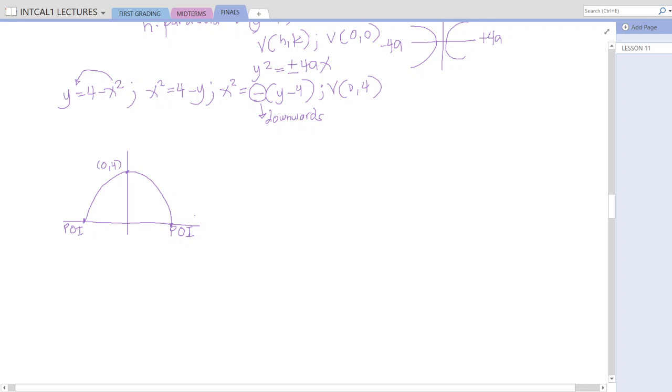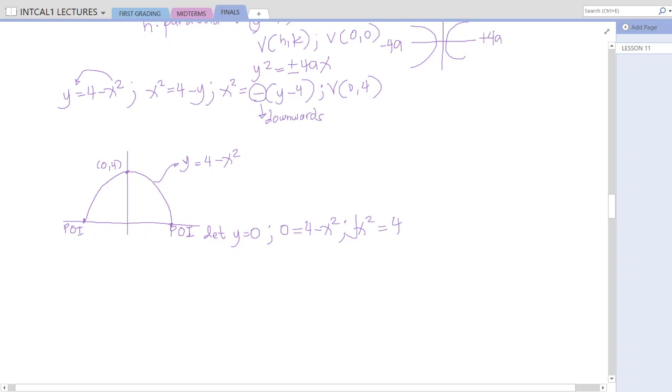We'll know the limits for those ones. So we have to let y equal to 0, since for this, y is equal to 4 minus x squared. For the point of intersection, if we let y equal to 0, that is 0 equals 4 minus x squared, and there x squared is equal to 4.